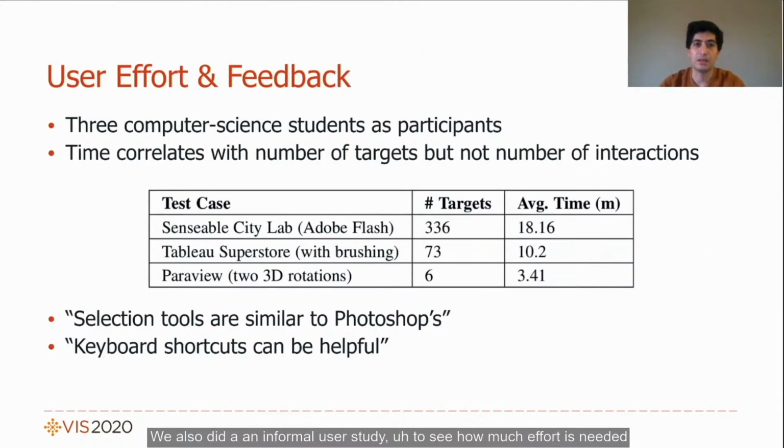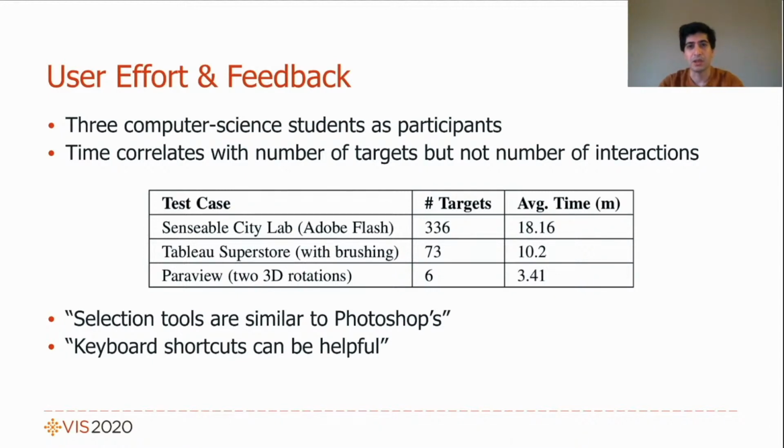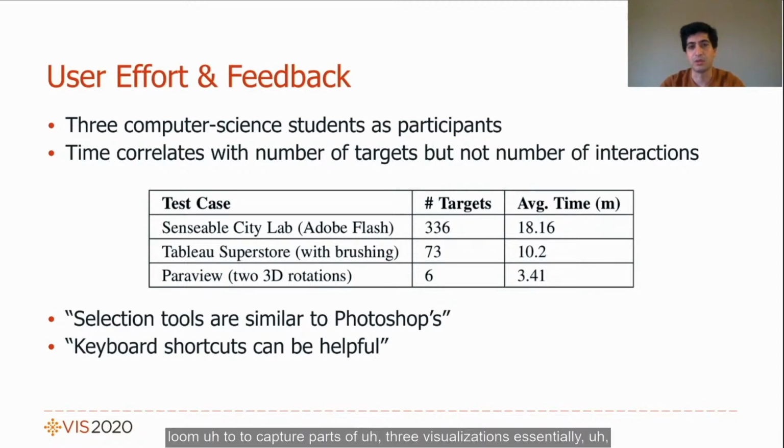We also did an informal user study to see how much effort is needed to specify the action tree, essentially, as a curator. We had 3 participants who were computer science students, and they used Loom to capture parts of 3 visualizations. One thing we noticed was that the time it takes to specify the interactions does not necessarily correlate with the number of interactions, but does correlate with the number of targets in the application.